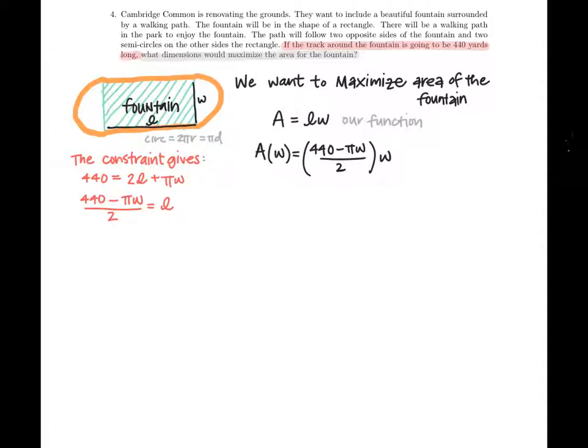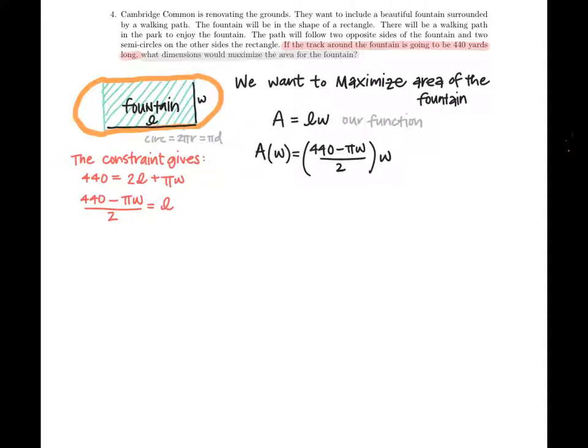But in this problem, W specifically means the width of this fountain. Now that you've added that additional significance to W, what value or values can W take on? Well, a negative width measurement makes no sense, so W cannot be negative.